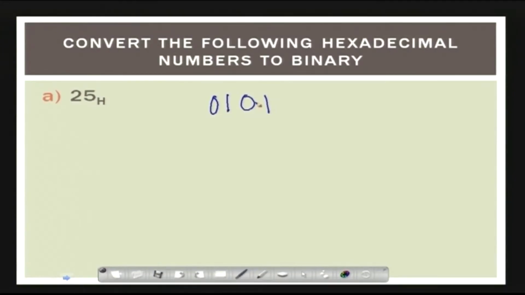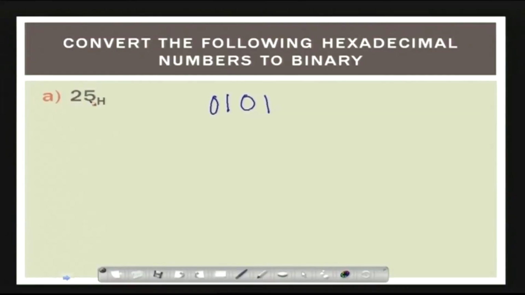This is also shown in the table earlier, so the table can be referred to, and the equivalent of 5 in binary form can be written directly. Same way, 2 in binary gives us 1 0, but to make it a 4-bit group, all we have to do is put 2 zeros. So, this becomes the binary equivalent of 25H.